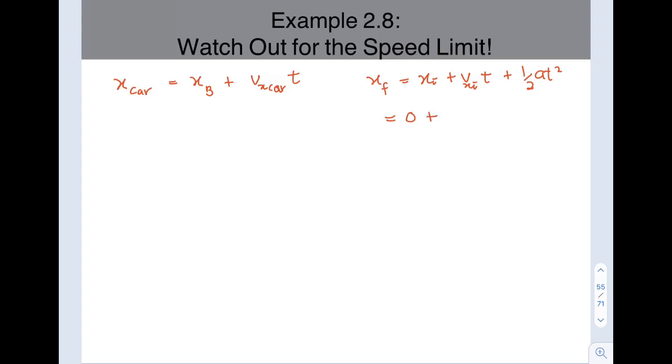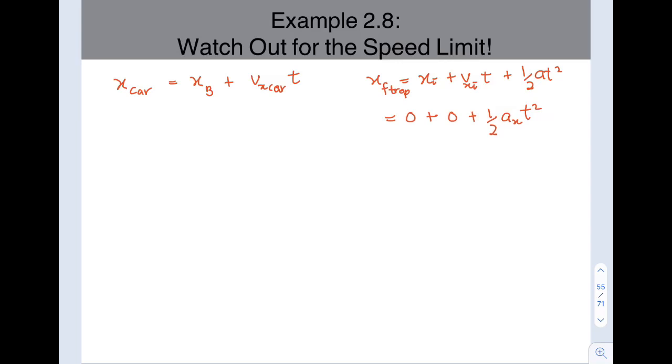Plus Vx initial of the trooper. For the trooper, it starts from rest, so it's 0 again, plus half ax t squared, because it's moving along x.